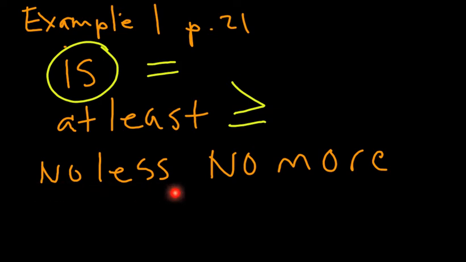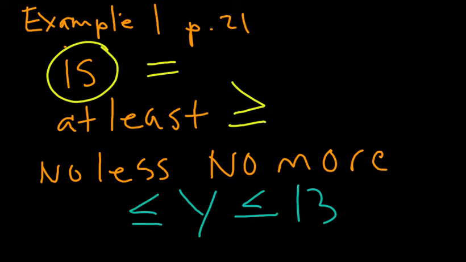When you see no less and no more, you're going to know that this is a special kind of inequality that puts something in between. So that is why they have a y and a less than or equal to 13 and a less than or equal to 5. What they're saying is y comes in between those two.